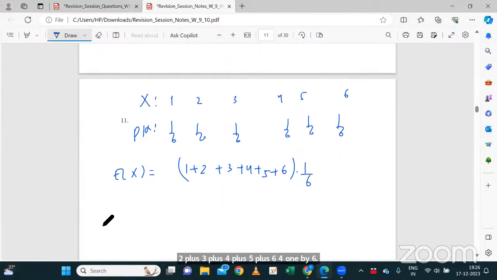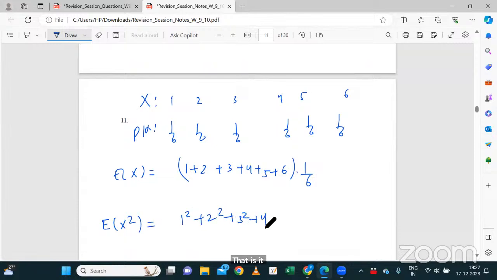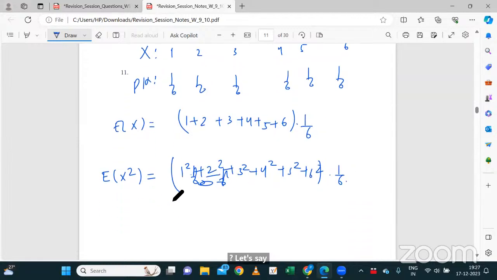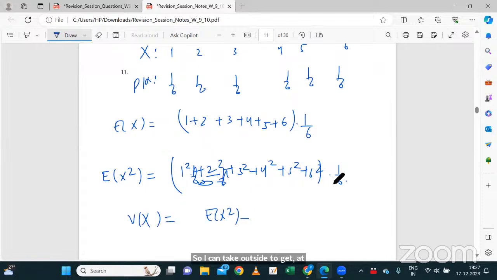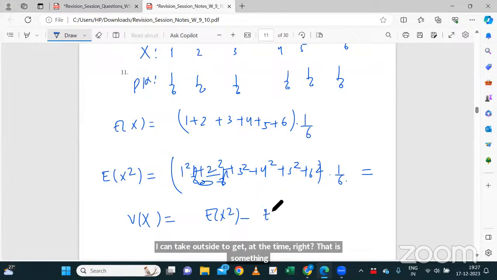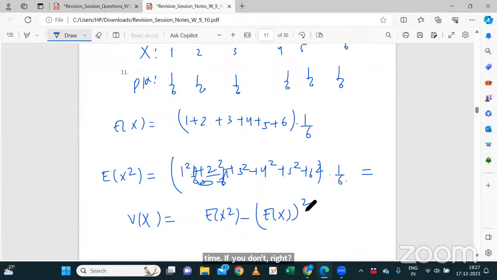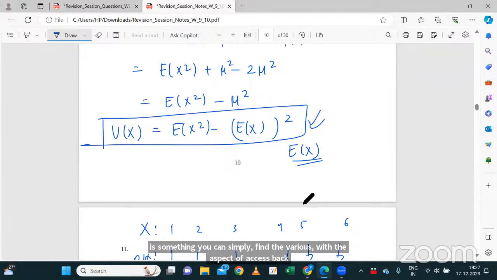The expected value of x square will be 1 square plus 2 square plus 3 square plus 4 square plus 5 square plus 6 square, each multiplied by 1 by 6, so I can take the 1 by 6 outside. You can simply find the variance with the expected value of x square and the expected value of x. Got it?